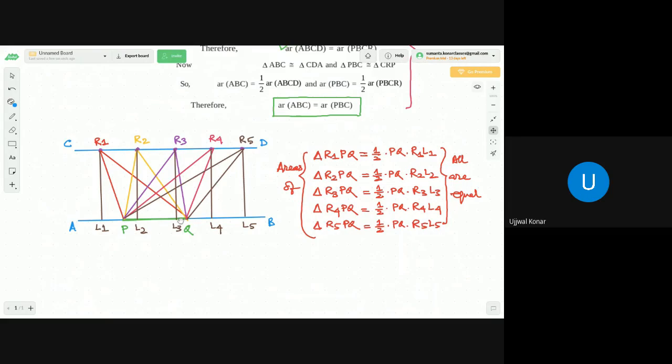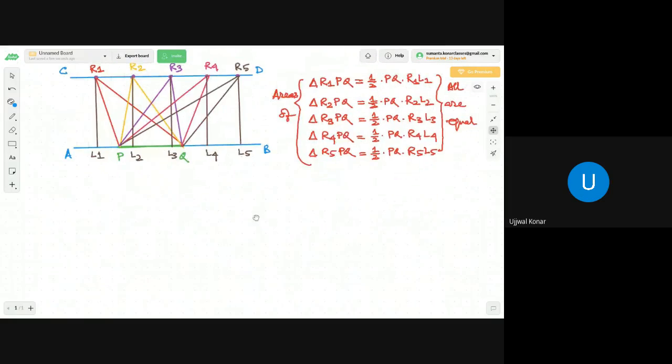Maybe someone has base P1Q1, someone has base P2Q2, someone has the base P3Q3, in that way. But all these line segments are of equal length. So let me give you an example so that it will be more clear. Like the previous one, let me first draw two parallel lines.